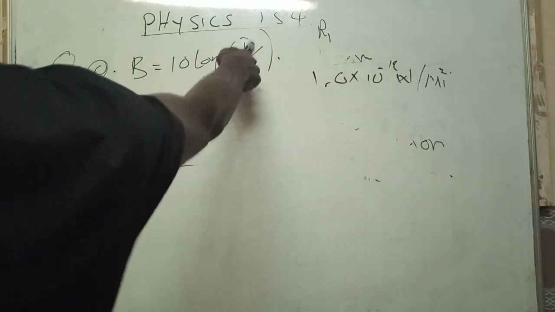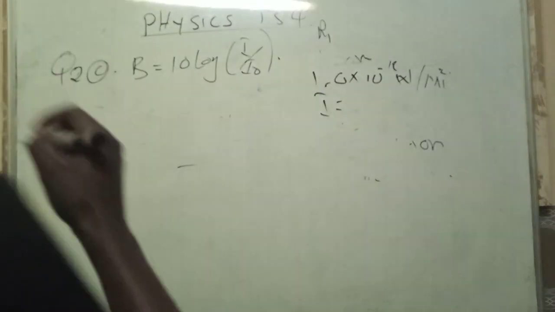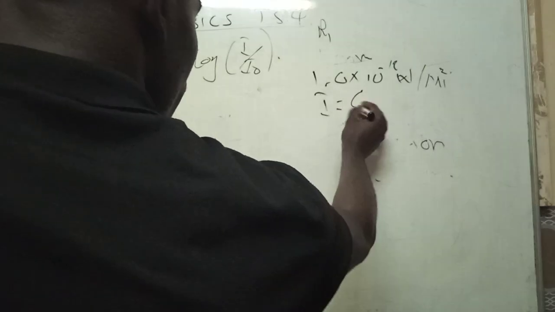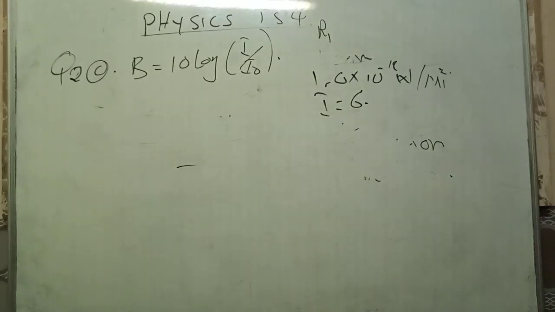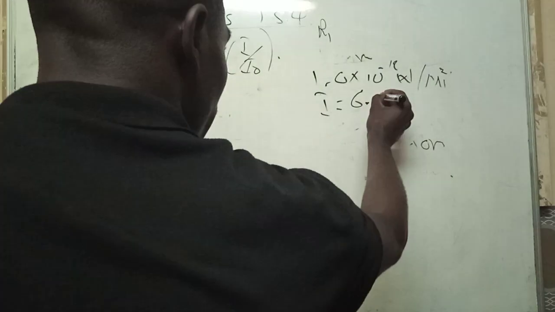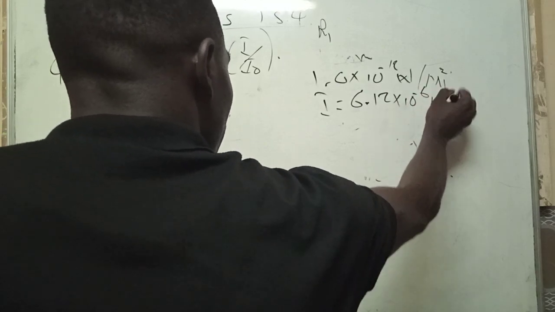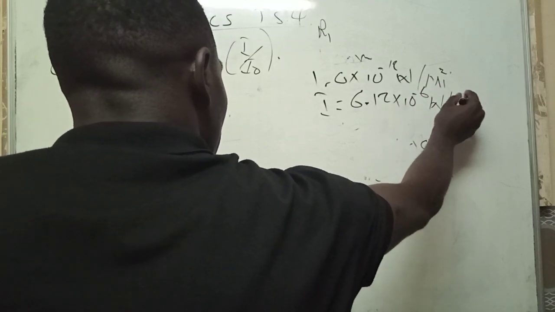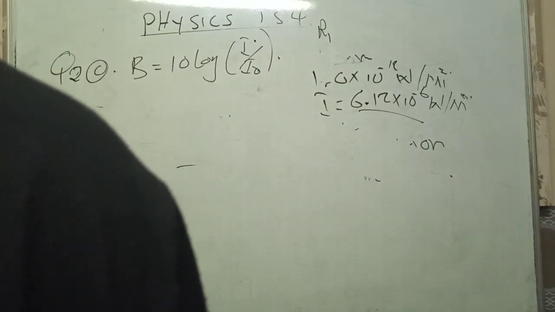We have found our I to be 6.12 times 10 to the power -6 watts per meter squared.